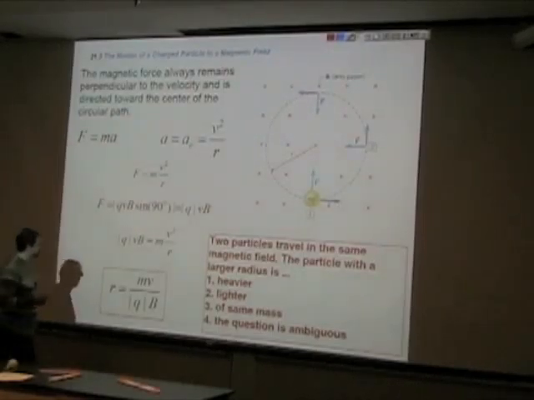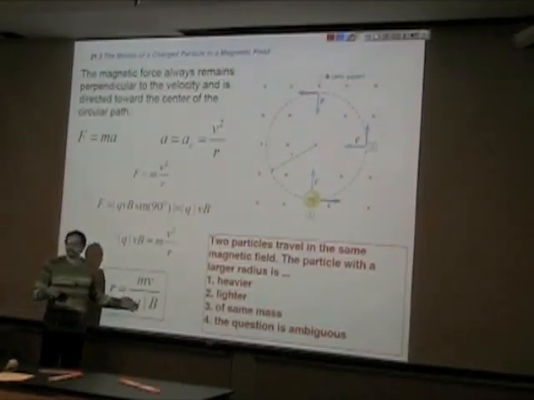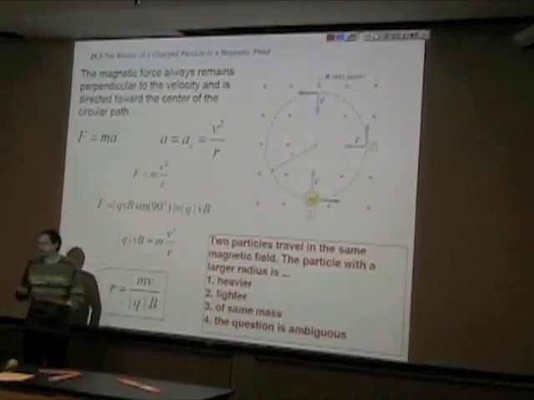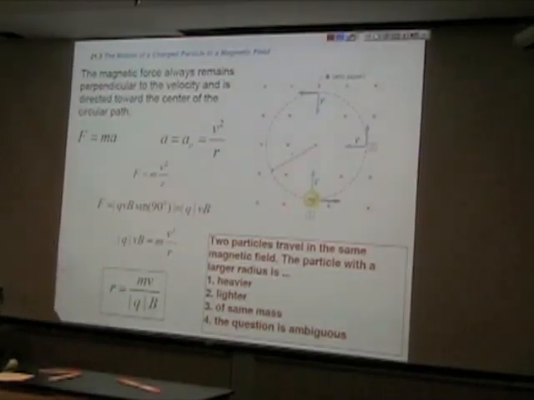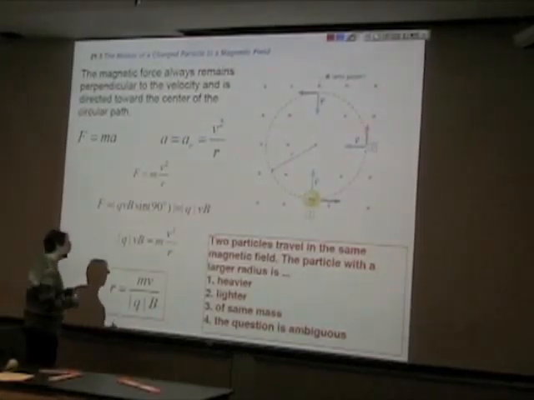We need to know more specifically something about charge or speed to relate all those variables. And sometimes with additional information we can. For example, if we have the same particles, 2 protons traveling in the same magnetic field.